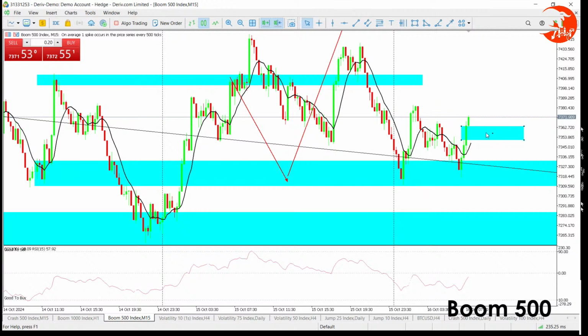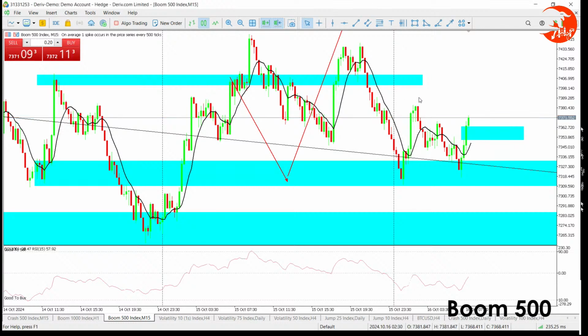So I will be looking for some entries around areas like these fair value gaps when price comes back again. So here I have no entry. I would wait for entries around such areas. I hope this is clear and we are good to go.